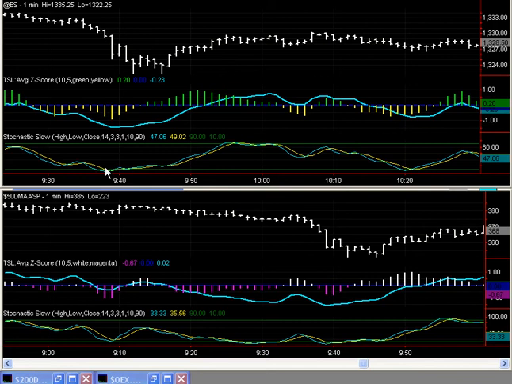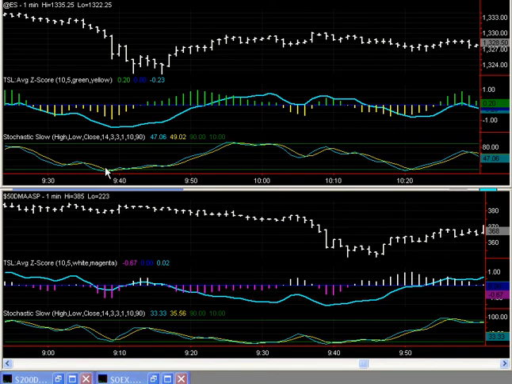The zero line on slower tick bars, longer tick bars I should say, or slower time intervals, 1 minute, 5 minute, or better, becomes a real effective way of recognizing when there's likely going to be some change in market direction.